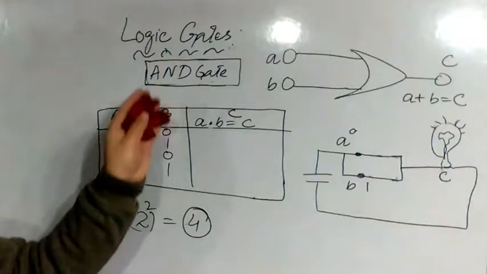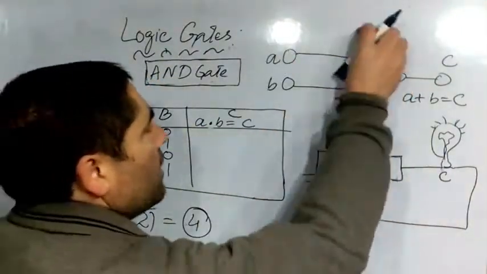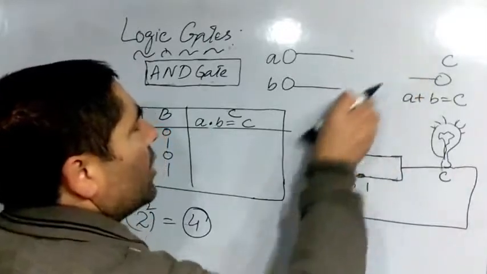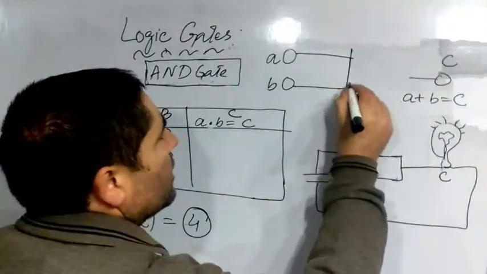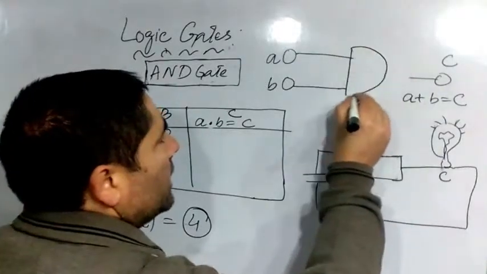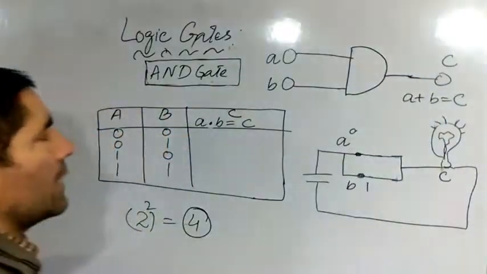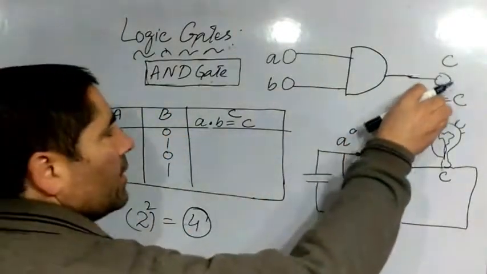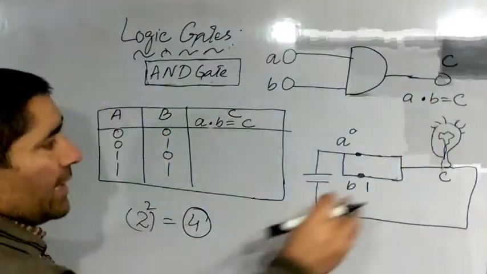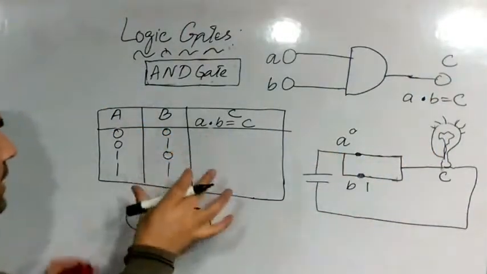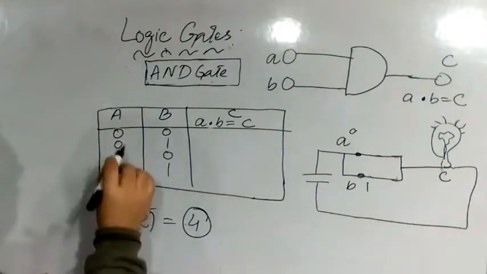Let us see what it does. Its representation is a little bit different from the OR gate. We have to make a clear D like this. The circuit diagram will also change. Let us go through this truth table right now.